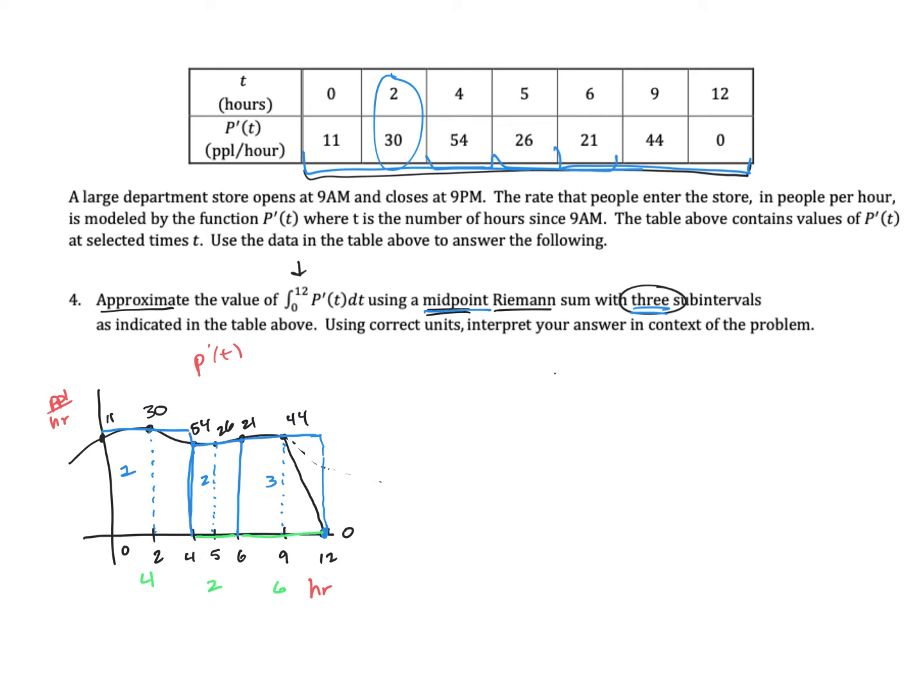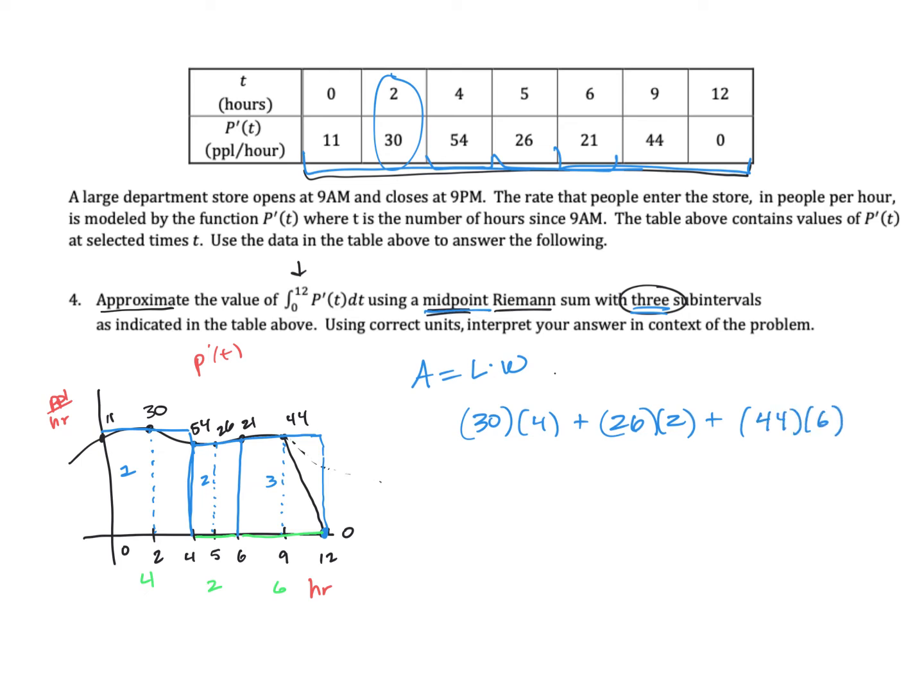For the area of a rectangle, all I do is length times width. So I've got 3 of these. For my first one, the height is 30 and the width is 4, plus the height is 26 and the width is 2, plus the last one, the height is 44 and the width is 6.